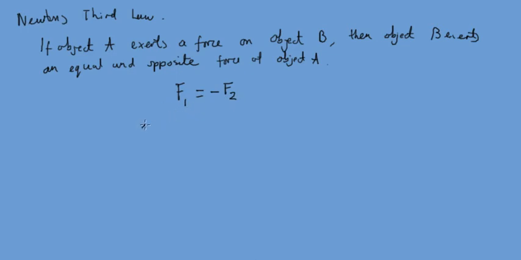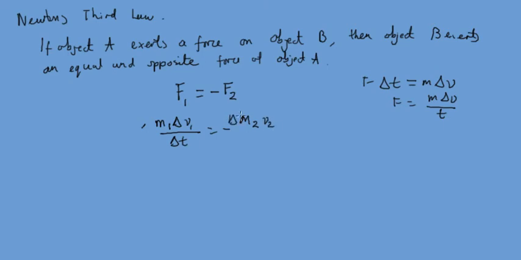So let's write our impulse equation as F times the change in time is equal to mass times dv. So F is m dv over t. So we have m, which we'll call mass 1, the change in velocity of 1 over dt is equal to the minus of mass 2, change in velocity 2 over the time.